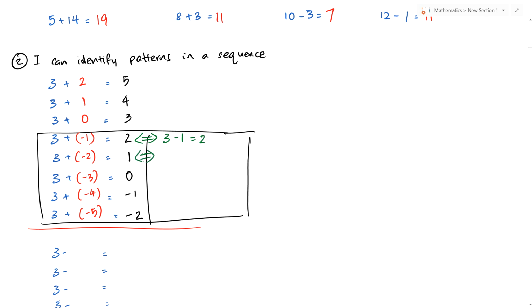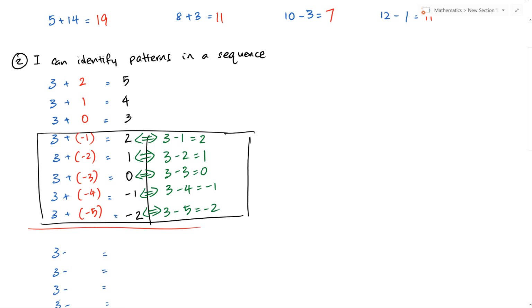For the next line, 3 plus negative 2 is 1. Isn't that the same as 3 minus 2 equals 1? Next, 3 plus negative 3 is 0. That is the same as 3 minus 3 is 0. And as we continue, 3 minus 4 is negative 1. 3 minus 5 is negative 2.